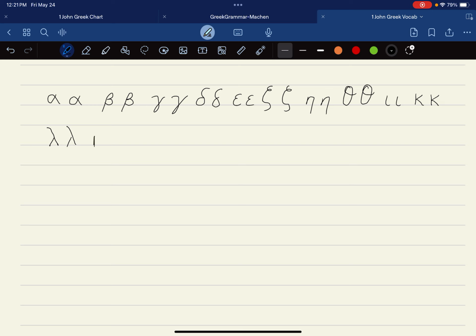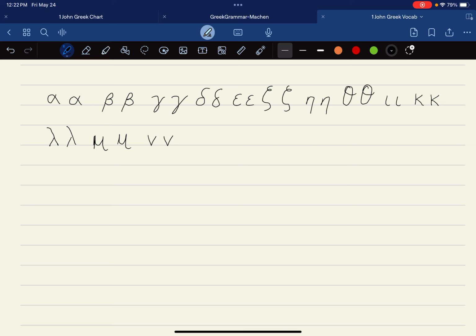Then we have the mu. Alpha, beta, gamma, delta, epsilon, zeta, eta, theta, iota, kappa, lambda, mu. Then we have the letter nu.